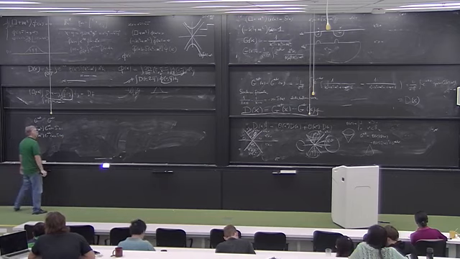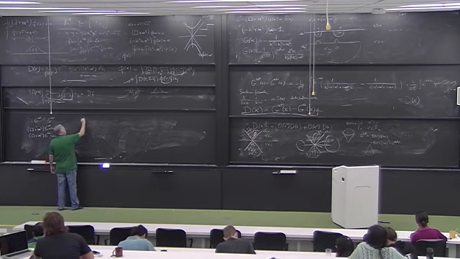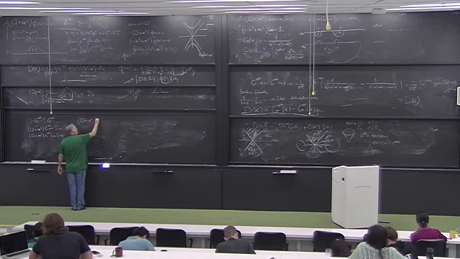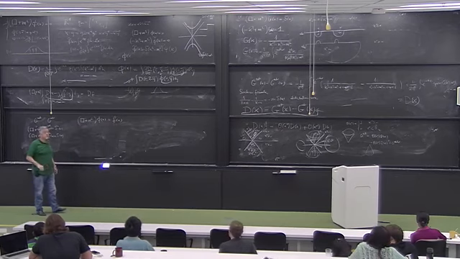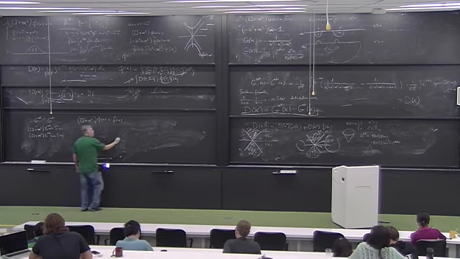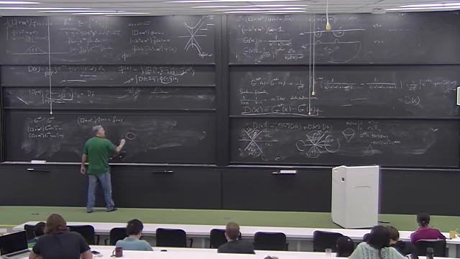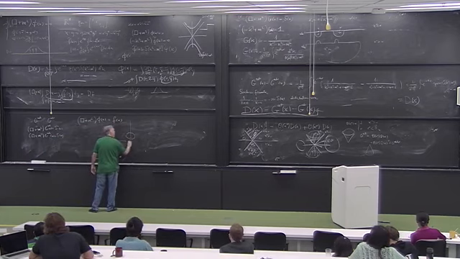So if you want to solve this problem, the Klein-Gordon equation with a source where the source is a function of compact support, suppose this is f.